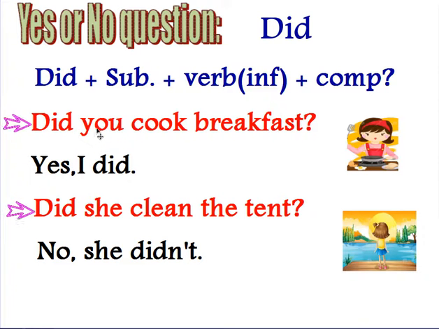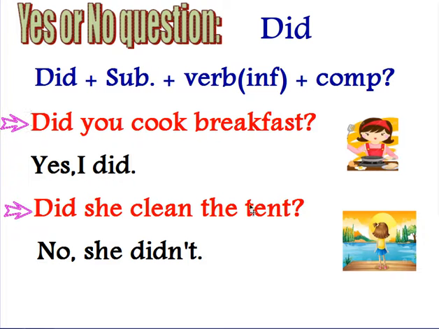I start with you, then I follow it with did. But here you must change into I in the answer. So I say, yes, I did. I asked with did, so I answer with did also.